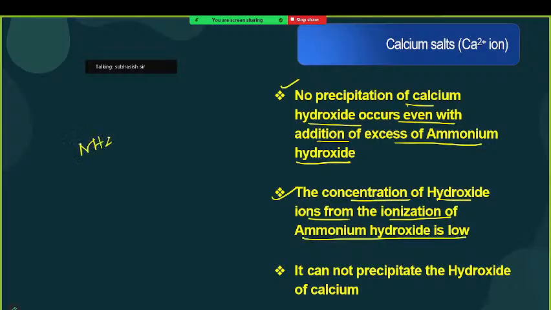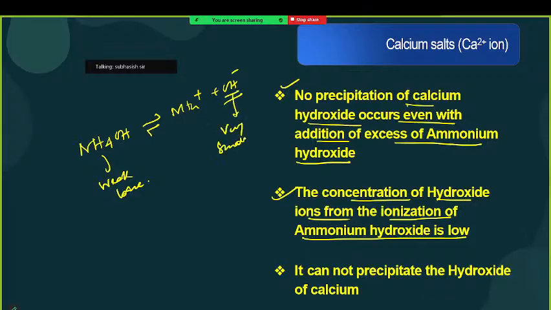Ammonium hydroxide is a very weak base, and it dissociates partially to give OH minus in very small concentration. That concentration is not sufficient to precipitate calcium as calcium hydroxide.